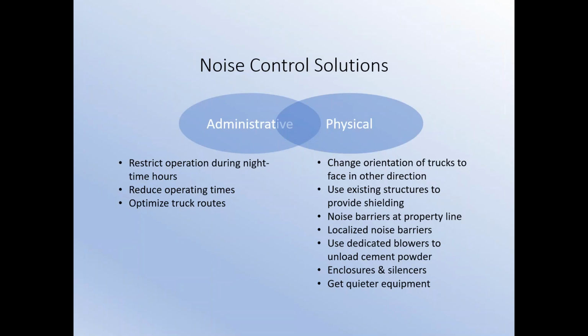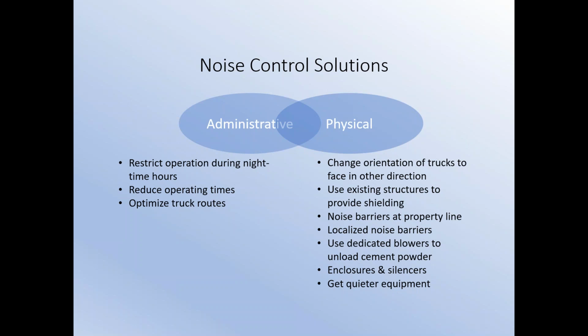That brings us to the available noise control measures that you may encounter, and we can essentially sort them into two categories. There can be administrative or physical, and there's of course some overlap between them. The administrative noise controls are going to include restricting the time of operation of some of the equipment.